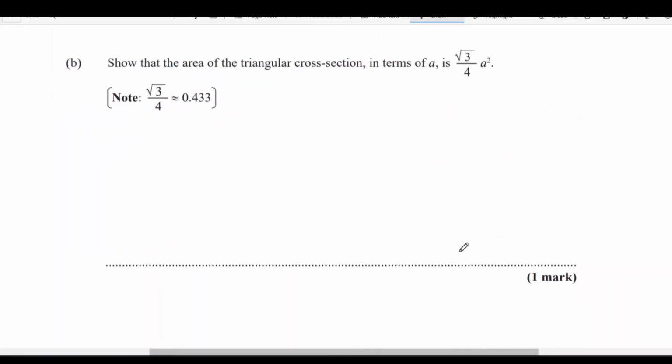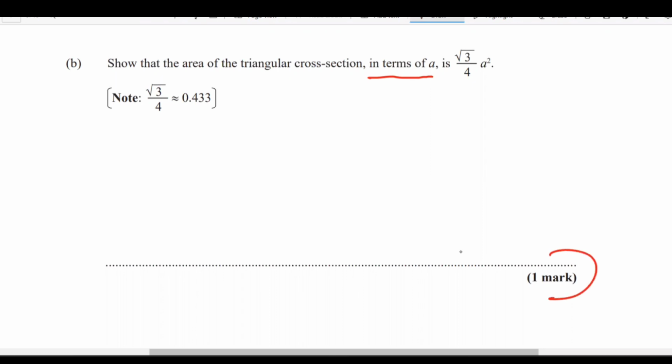Let's pay attention again to what's going on. It says now, show that the area of the triangular cross-section in terms of a, so it is in terms of a again, we're not finding any value, is the root of 3/4 a square. You notice it's 1 mark for it.